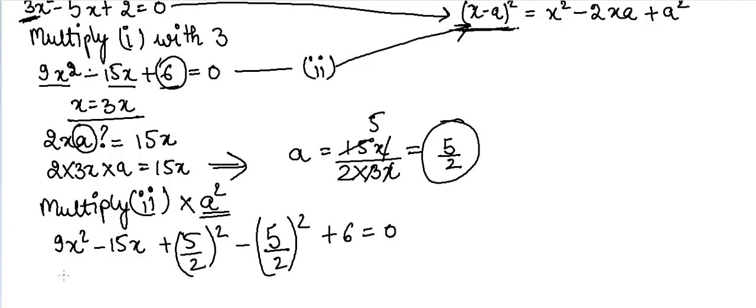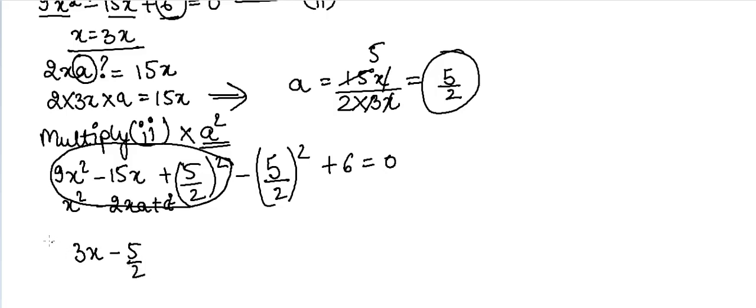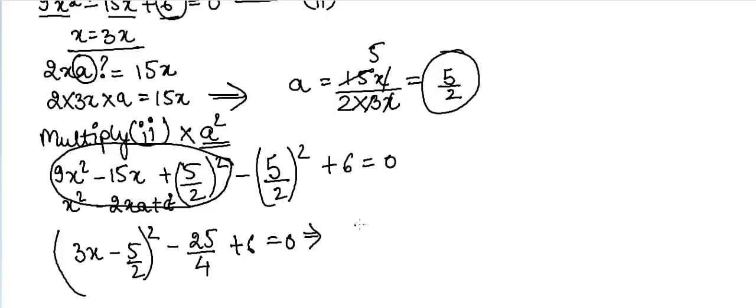Now this is your x square minus 2xa plus a square. You can write it as (3x minus 5 by 2) whole square, because this is the expansion of that only. Now you have to solve this constant part. It is minus 25 by 4 plus 6.